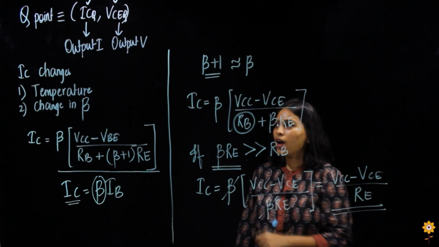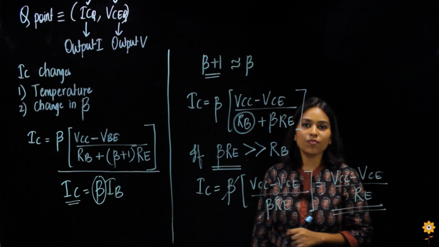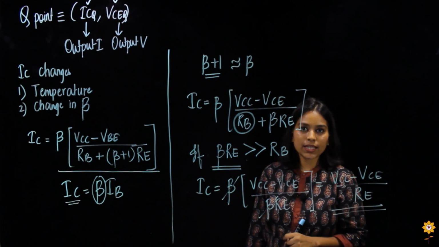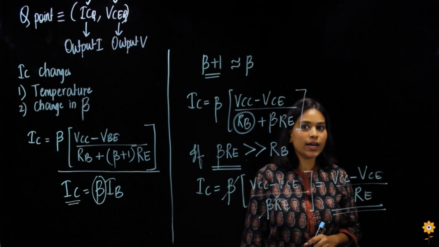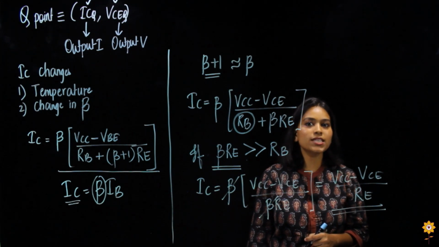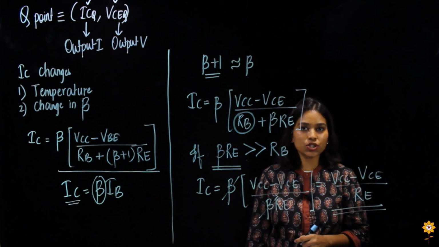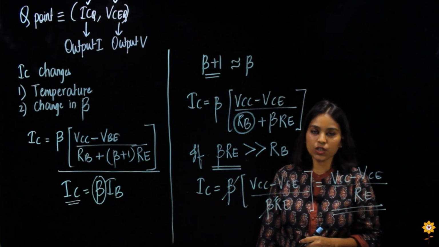So this is how the addition of this resistor RE in self-bias configuration maintains the value of IC, and because of that the Q point or the operating point is maintained. So these are the two advantages of self-bias configuration over fixed bias configuration.